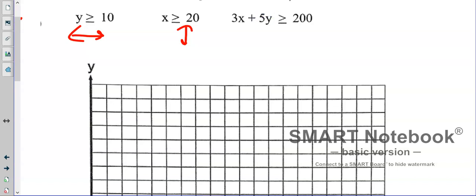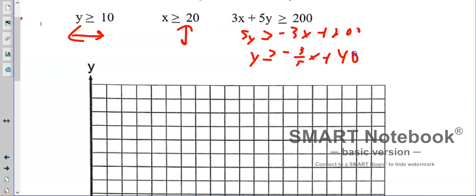I'm going to do y equals mx plus b. So 5y greater than or equal to negative 3x plus 200. Divide by 5, y greater than or equal to negative 3/5 x plus 40. Okay, so I need to be able to fit 40 on the graph.